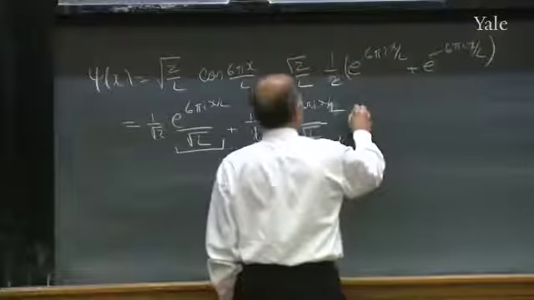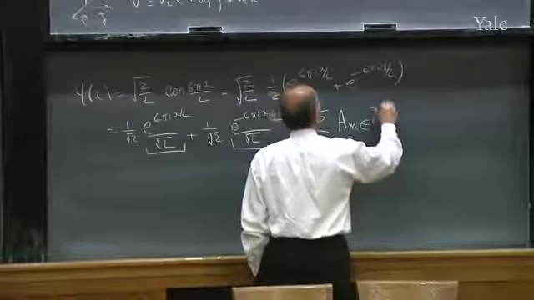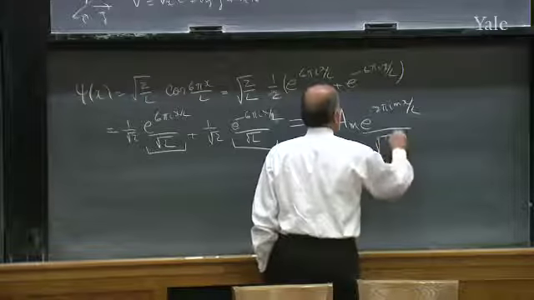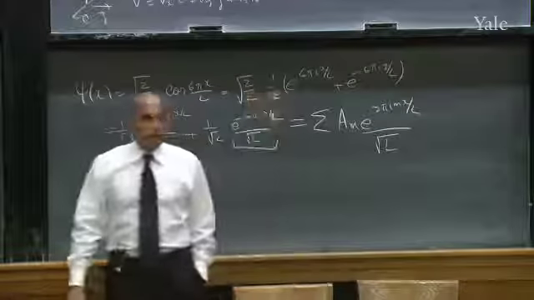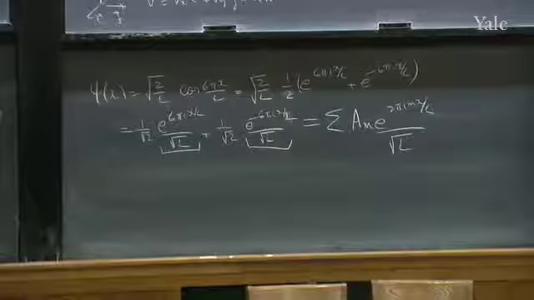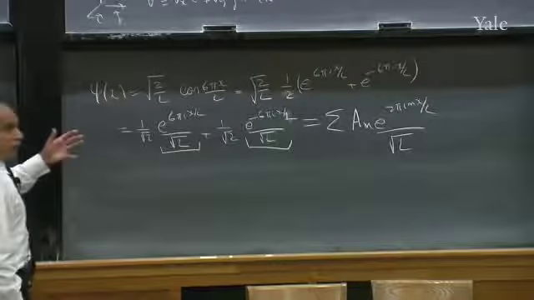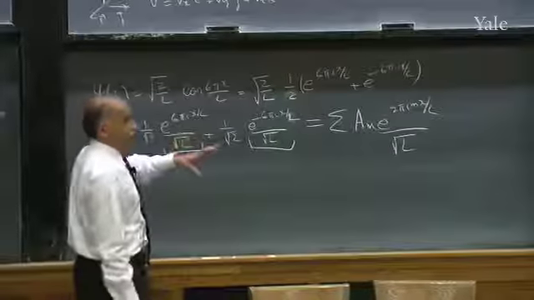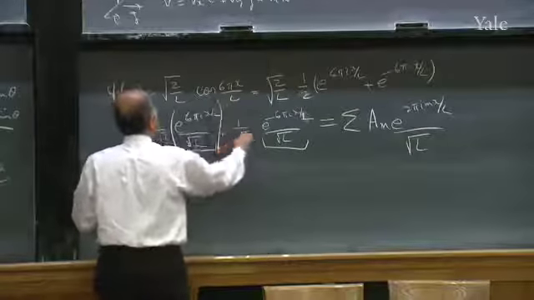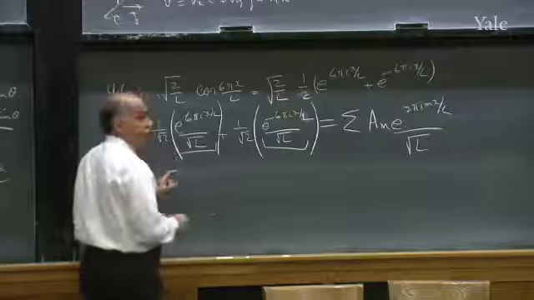In other words, here it is in the form that we want, A_m e to the 2 pi i m x over L. You agree that I have got it to the form I want. Do you see that? You take the cosine, write it as sum of exponentials, then put factors of root L so that that's a normalized function and that's a normalized function, and everybody else is A.